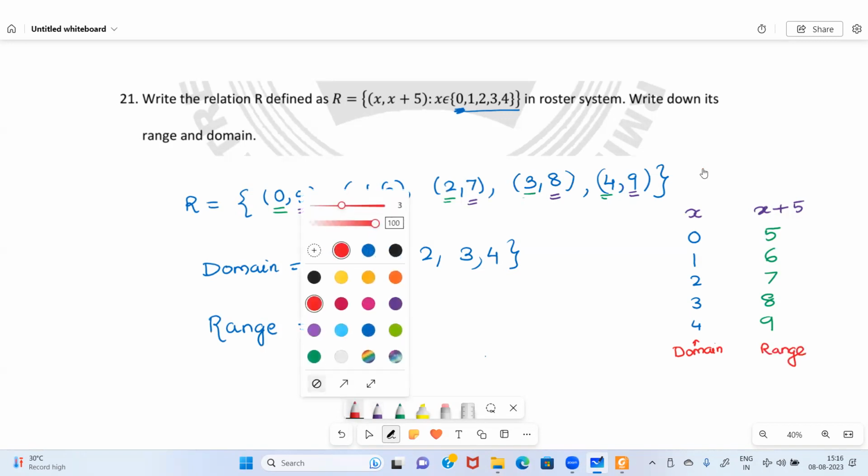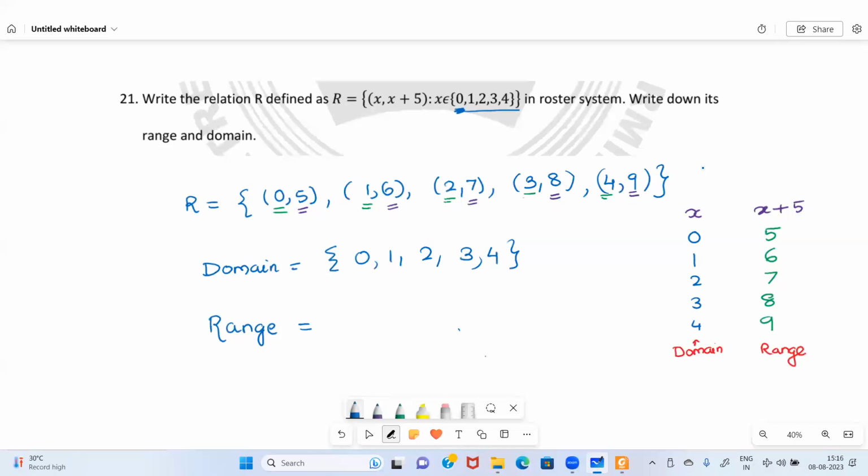Therefore, range is going to be 5, 6, 7, 8, and 9. Is it clear, students? So this concludes our answer to the question. Clear? Simple?